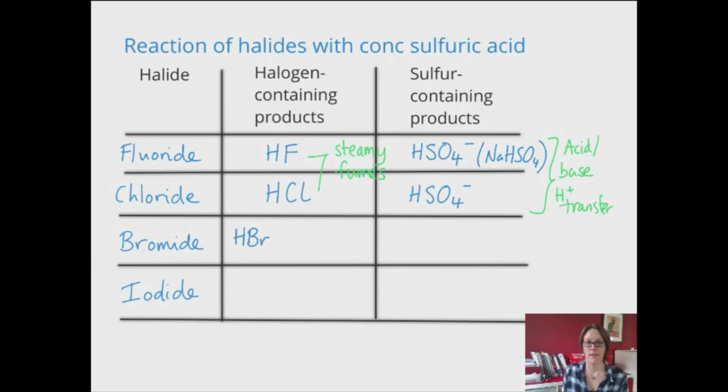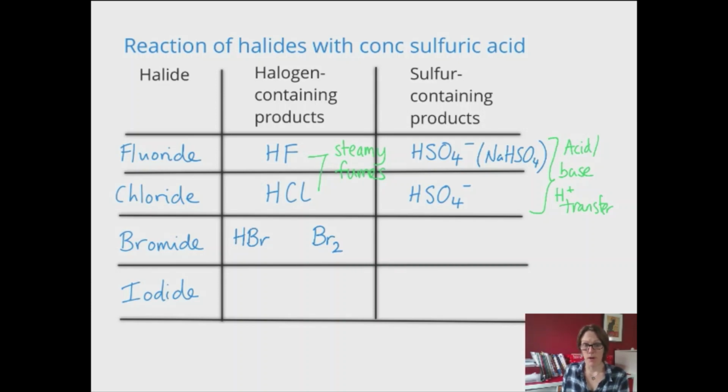And then we look at what would happen if I were to do the same with something like solid sodium bromide. You're still going to make hydrogen bromide, so you're still going to see the steamy fumes. But you're also going to make bromine. Bromine is not a product of transferring a hydrogen. We've now got a change in oxidation number.